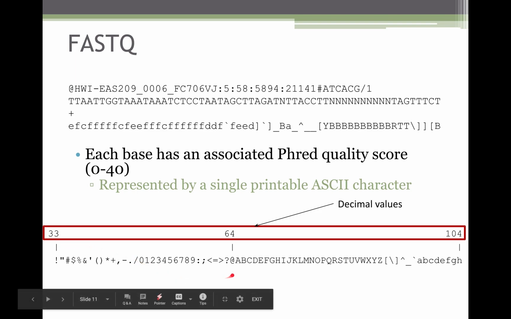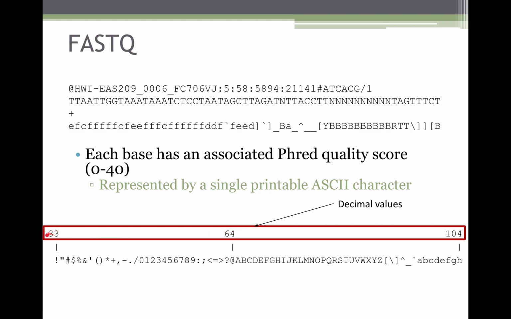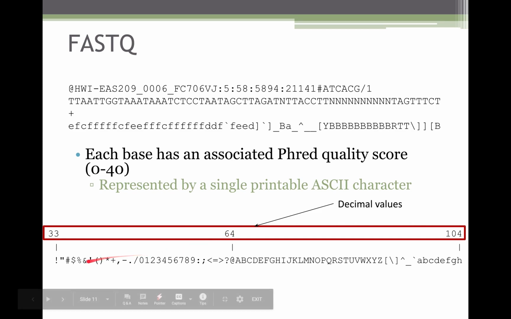And similarly, there's another character here that has a decimal value of 64. And why these two values are important is that we have quality scales that represent a value of zero quality score by the exclamation sign, and in some other platforms the value of 0 is represented by this @ sign, which has a decimal value of 64.